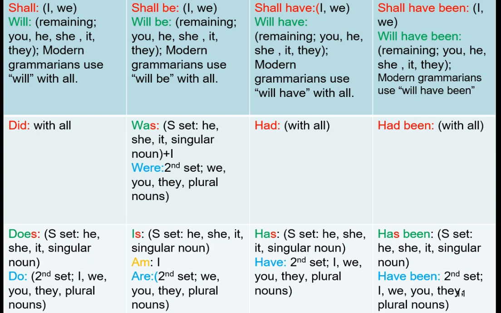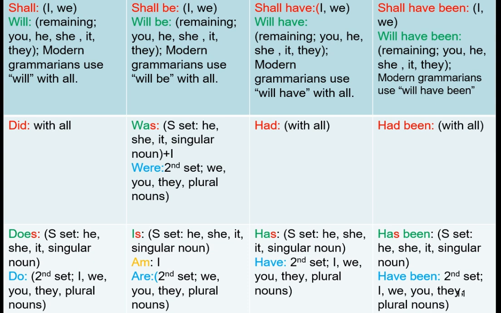Look at was, were. Here a little bit of modification is there. Was, here S is also present. S set, he, she, it, singular noun, plus I. I has been added here. Were, second set, we, you, they, plural noun. Here I has been shifted to S set like was. I was.